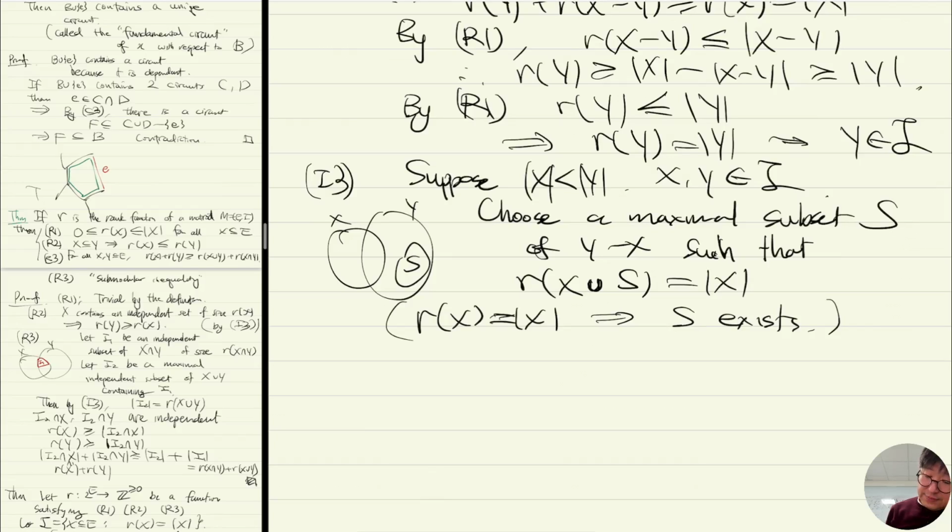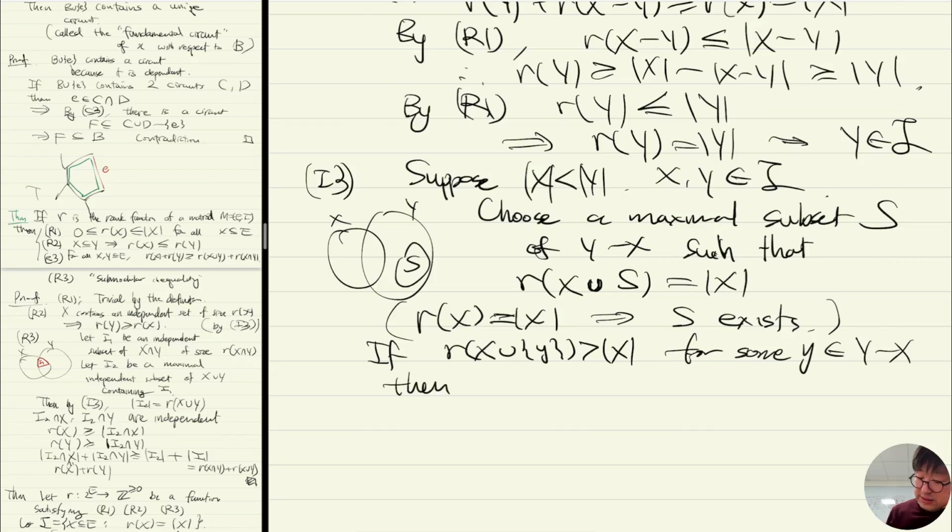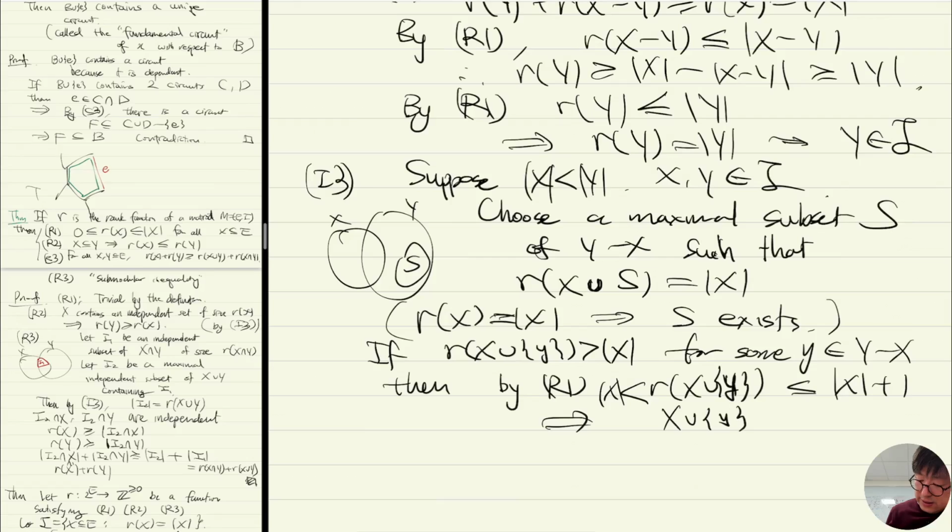And if rank of X plus one element is bigger than size of X, for some y in Y minus X, then since it's integer valued by R1, rank of X union y is at most size of X plus 1, and this is bigger than size of X, so X union y is independent.